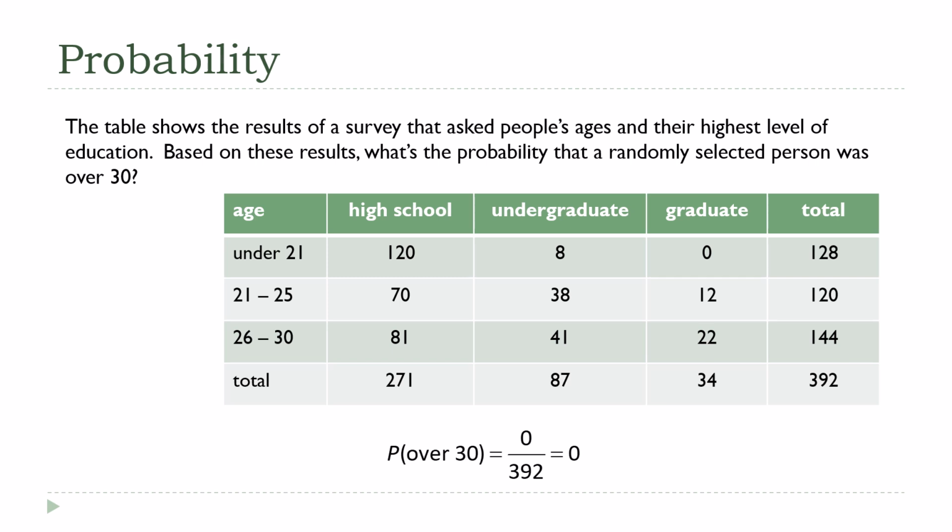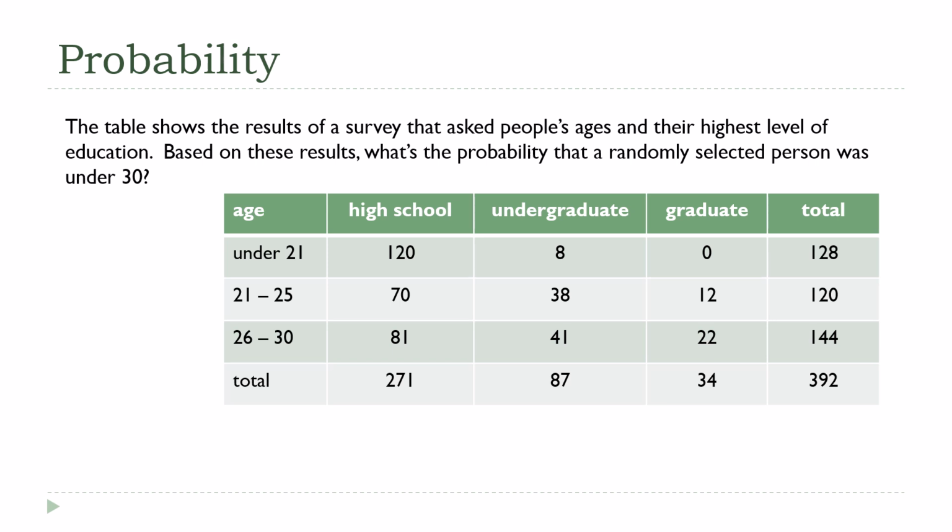There's nobody in it. The size of the sample space is still 392. So that gives us a probability of 0. Now let's generalize this. My general rule is going to be that the probability of the empty set, a set with no events in it, is going to be 0.